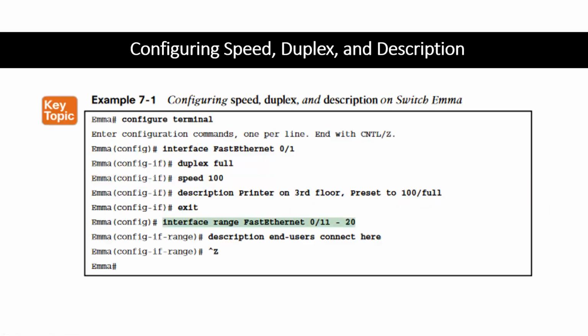So here's an example of configuring speed, duplex, and a description on an interface. Why would you want to do this? Theoretically, configuring the speed on an interface is not actually changing the speed of the interface.